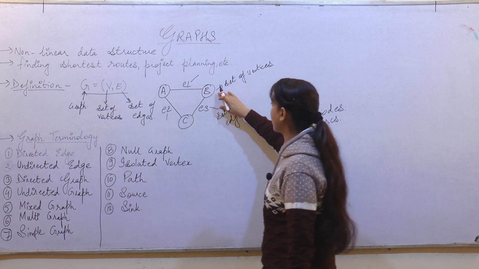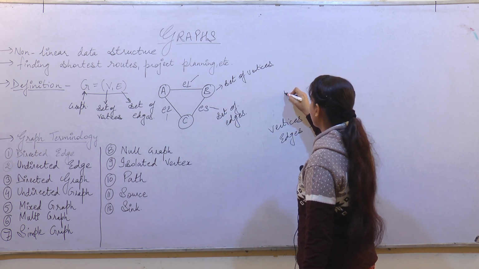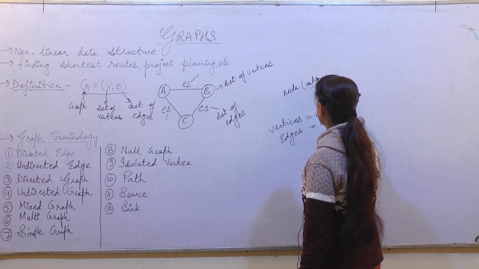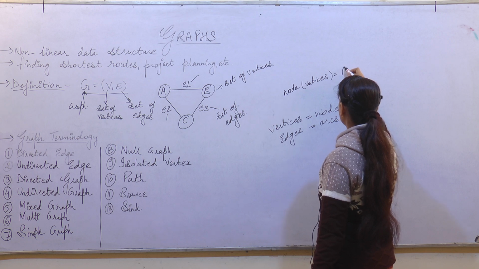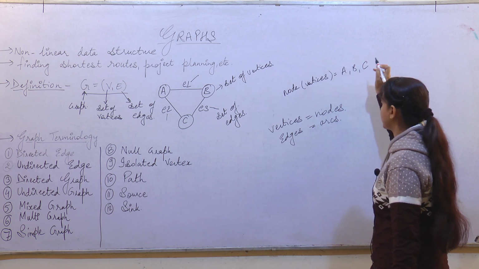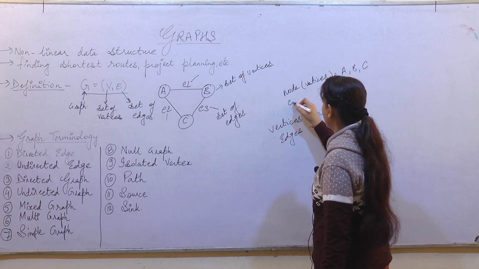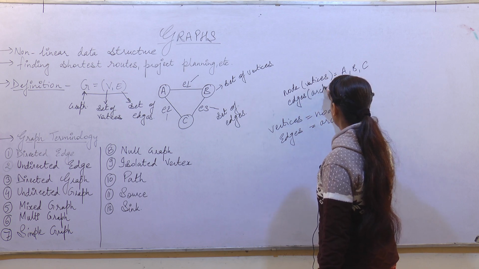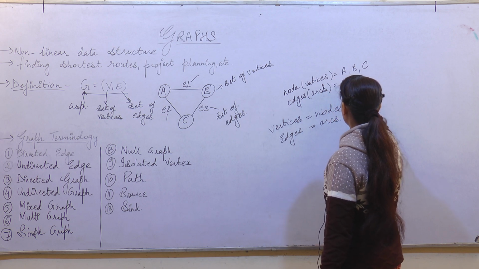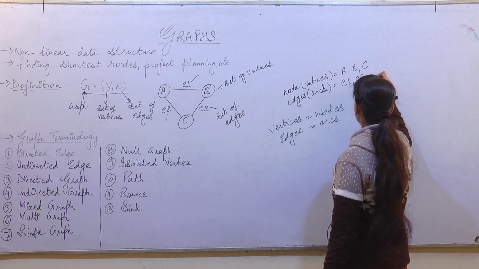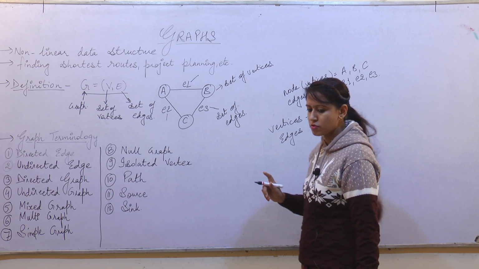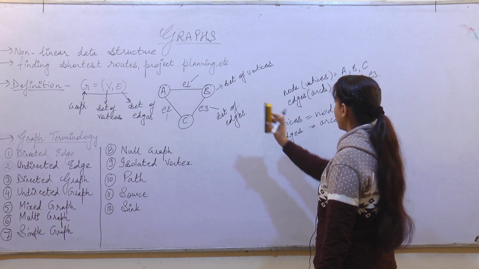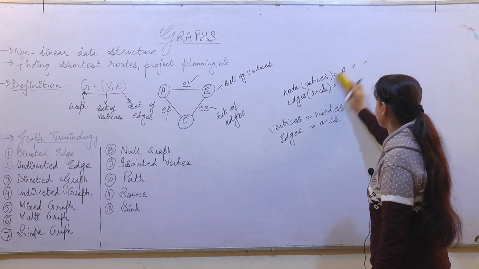Okay, so here we can say that nodes or vertices are A, B and C. Edges or arcs are E1, E2, E3. So vertices are also known as nodes and edges are also known as arcs.